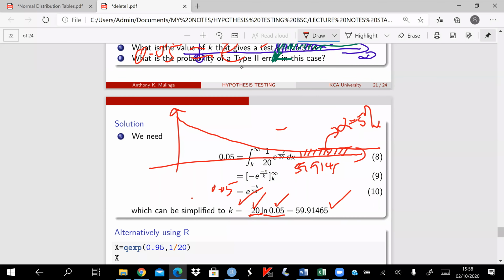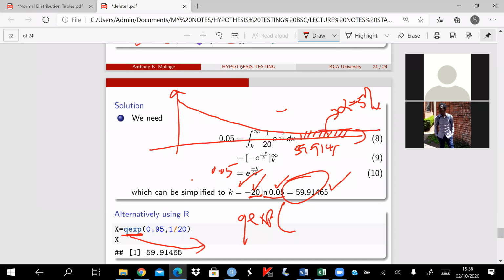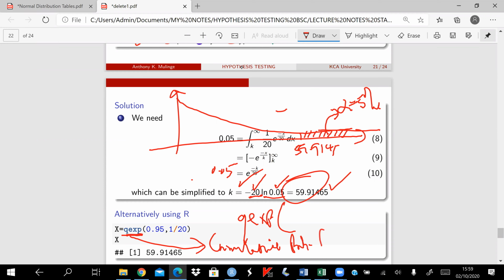Then alternatively, you can get this value here using R, using the Q function, Q of the exponential distribution. This QX will give you the cumulative probabilities from 0 to a given point.